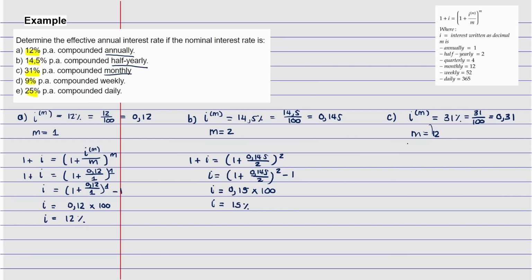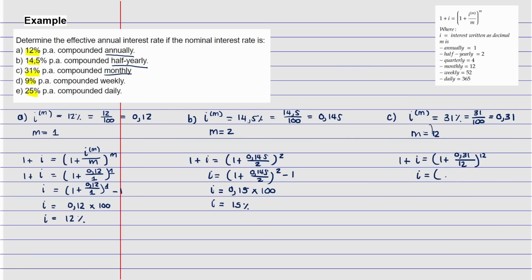So now with m being equal to 12, let's put everything into the formula. So it's going to be 1 plus I, which is what we want. The open bracket is going to be 1 plus 0.31 divided by 12, to the power 12, right? Take the 1 to the other side.